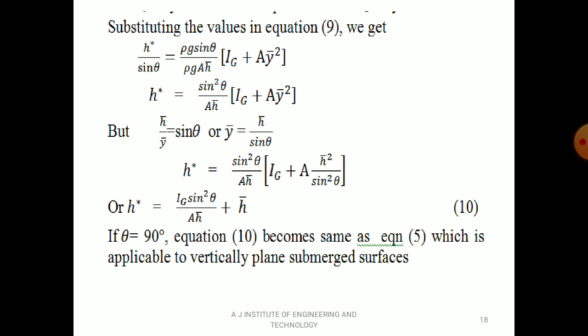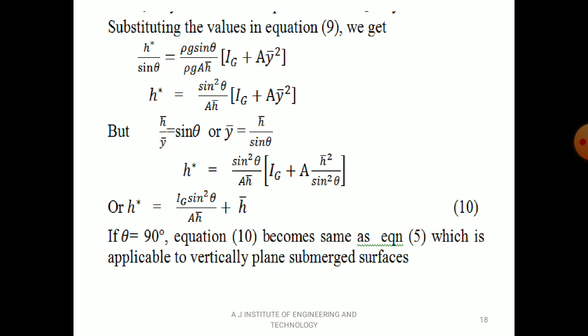But H bar divided by Y bar equal to sin theta, again from the previous relation, so Y bar equal to H bar divided by sin theta. Upon substituting, we get H star equal to sin square theta divided by A into H bar, into Ig plus A into H bar square divided by sin square theta. So H star equal to Ig sin square theta divided by A into H bar, plus H bar. Take it as expression 10.